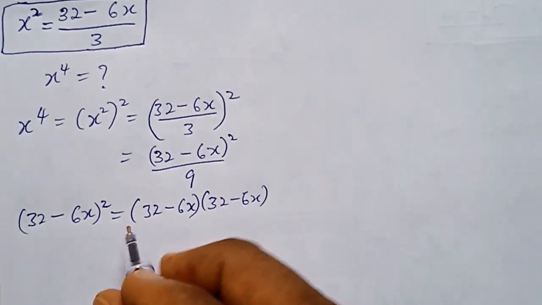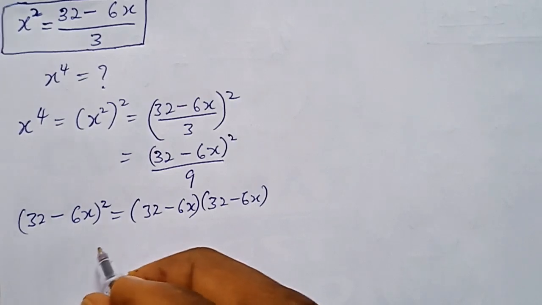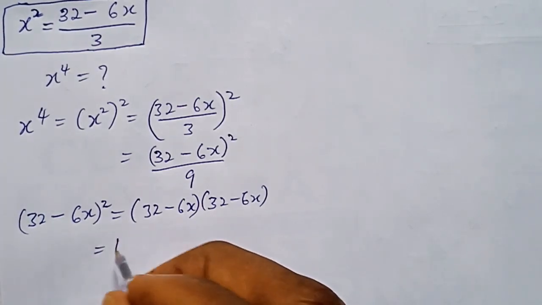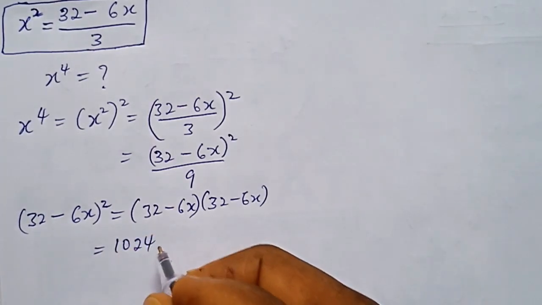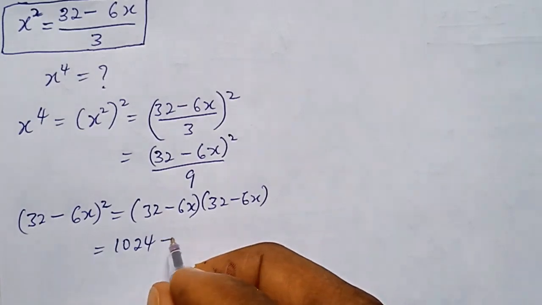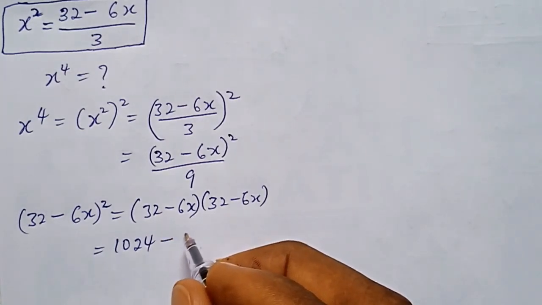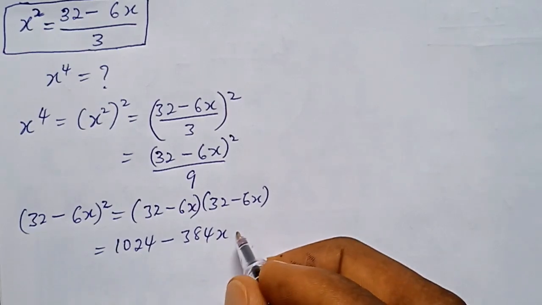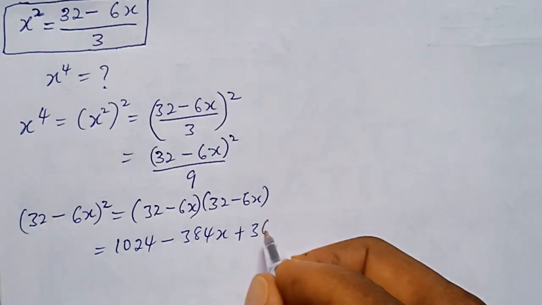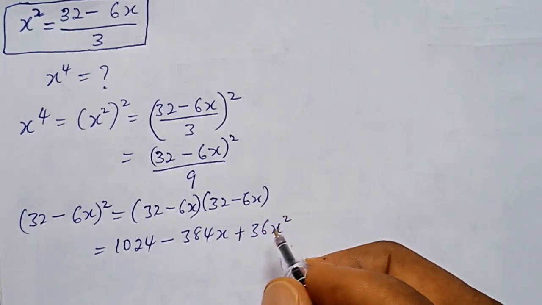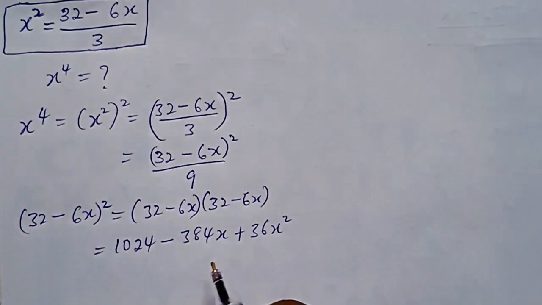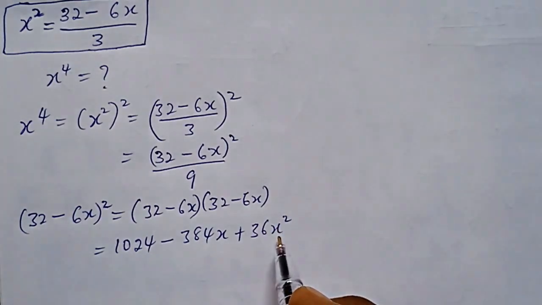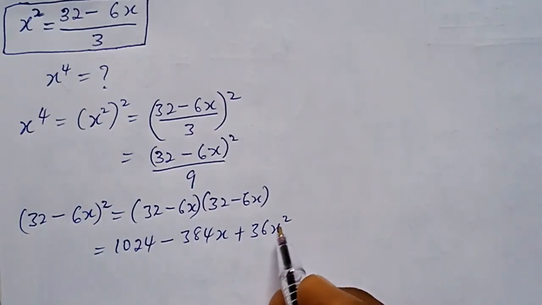So this expansion gives us 1024 minus 384x plus 36x squared. We will now input the value of x squared inside this term.